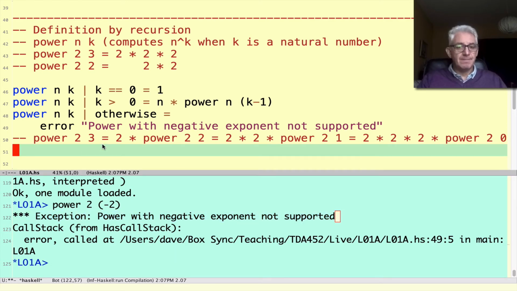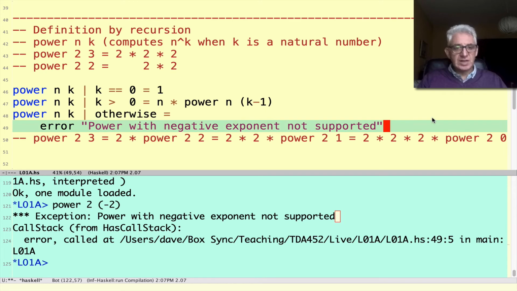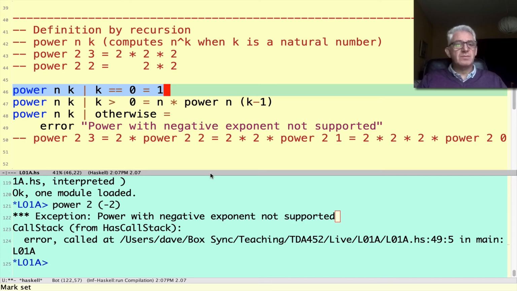No big deal, really. Okay, I want us now to simplify this just a little bit to illustrate a couple of things. The first thing is that this first equation can be written in a slightly different way. Instead of using guards, testing whether k is equal to 0, we can actually use the value 0 on the left-hand side. We can say power n 0, n to the power 0, is equal to 1.